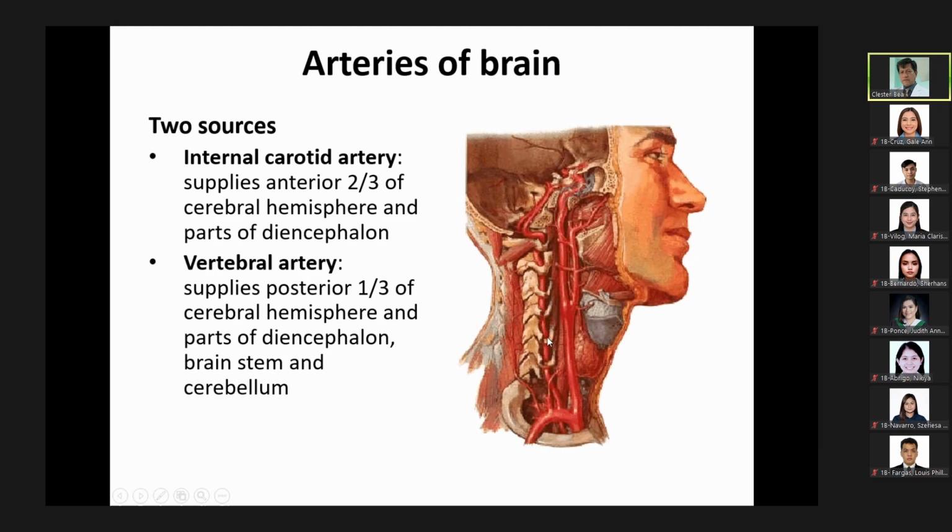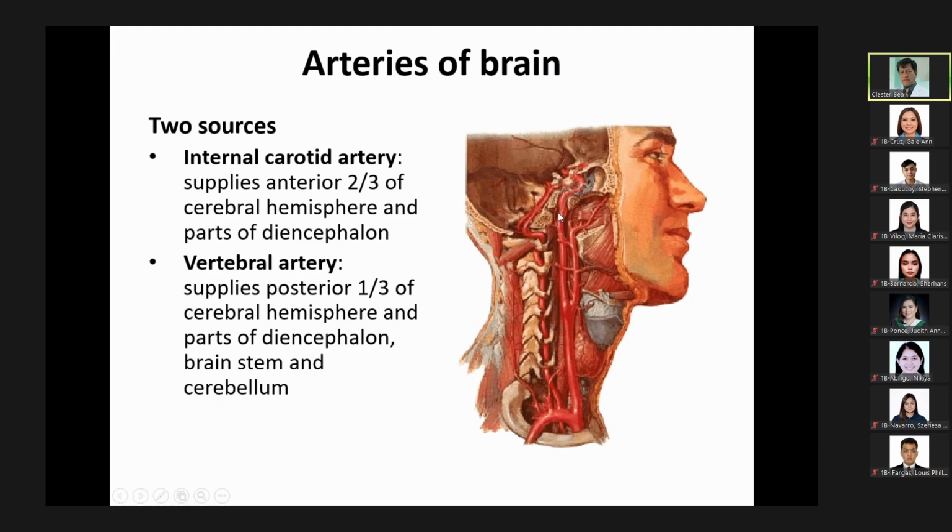Now, of course, the vertebral artery will have branches, no, before it will enter the cranial bone, but our interest will be mainly the branches that will be found when it is already inside the cranial bone. Now, the internal carotid artery, from its bifurcation from the common carotid at about the level of the superior horn of the thyroid cartilage, will also travel almost directly upward.